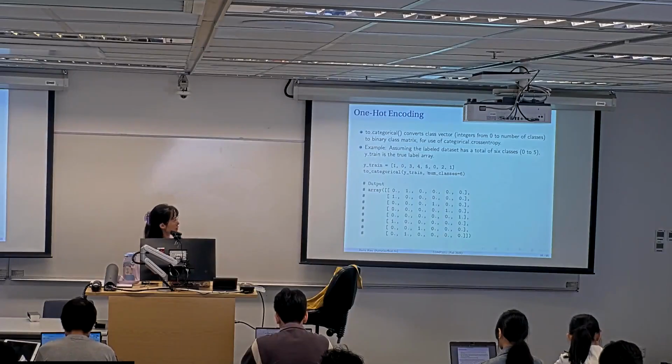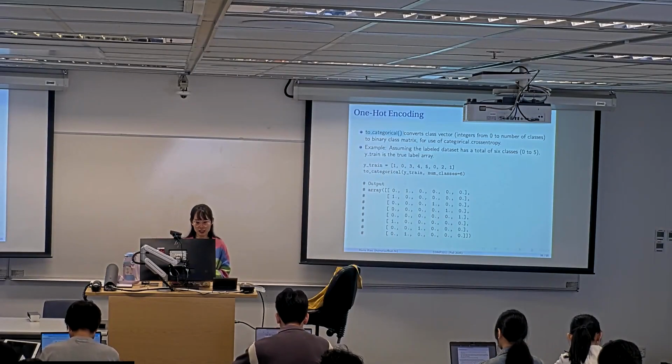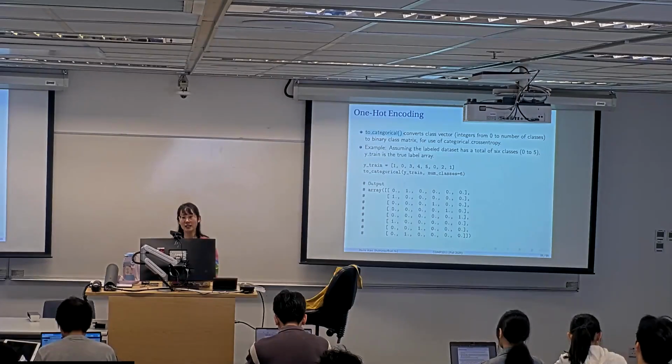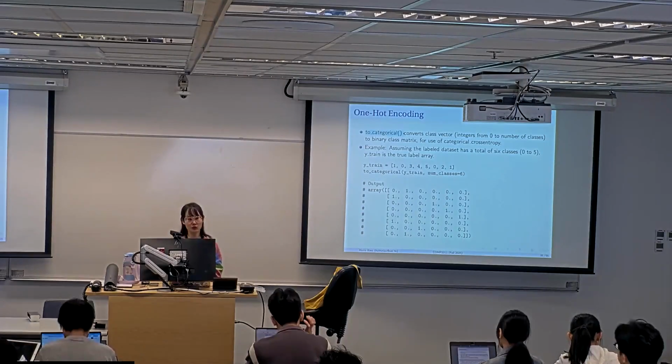So this is an example of one-hot encoding. Basically, this function to_categorical converts a class vector, meaning integers from 0 to the number of classes, to a binary class matrix. Binary class matrix means that all of their values are true or false, or 0 and 1.